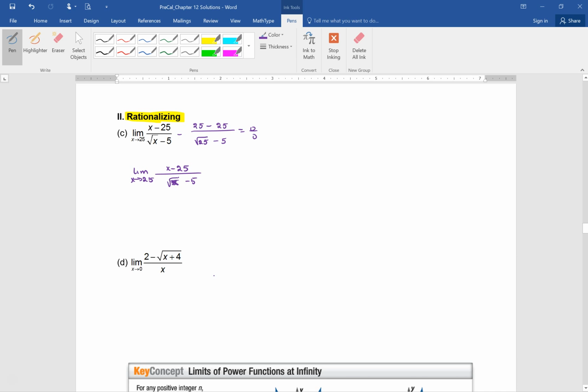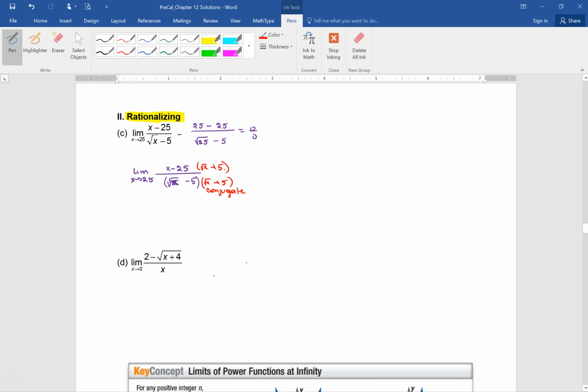So I have to multiply top and bottom by the conjugate of that root. Now, if this is the square root of x minus 5, then what I need to multiply by is the square root of x plus 5. That is the conjugate. And whatever I do to the bottom, I have to do to the top. Otherwise, I've changed the equation forever, right?